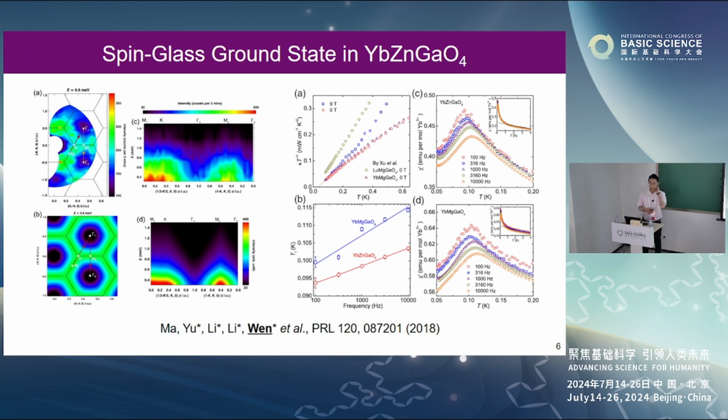So it seems that geometrically frustrated systems have this or that problem, and mostly they come from the structural disorders. So the question is whether there is any other route to realizing quantum spin liquid.